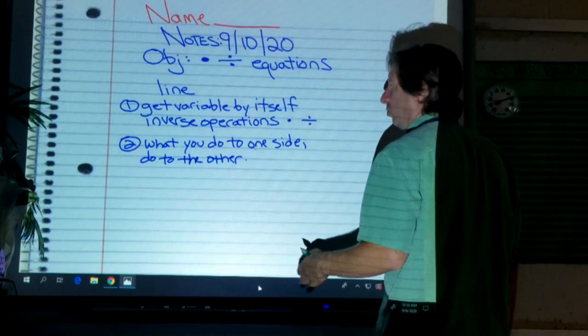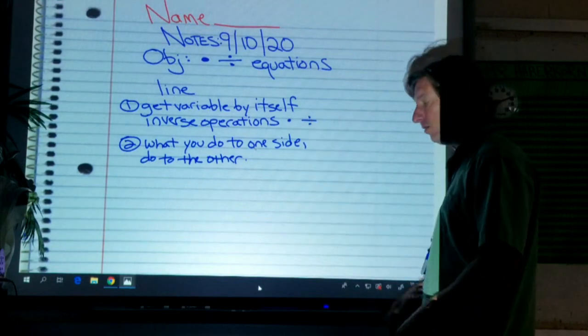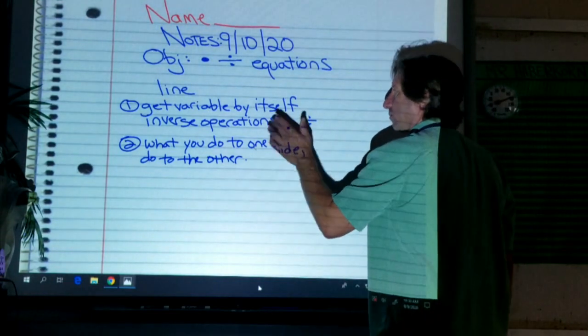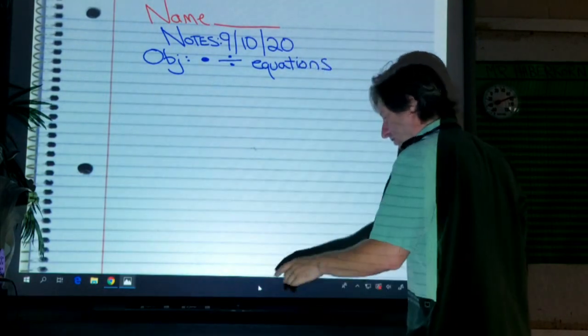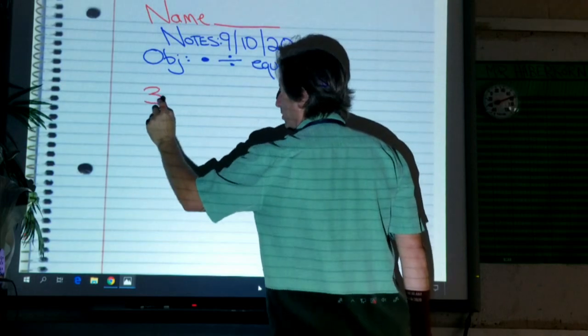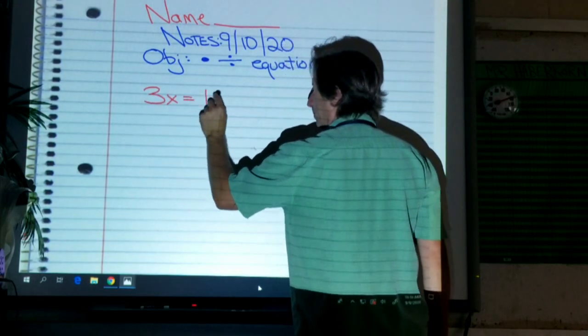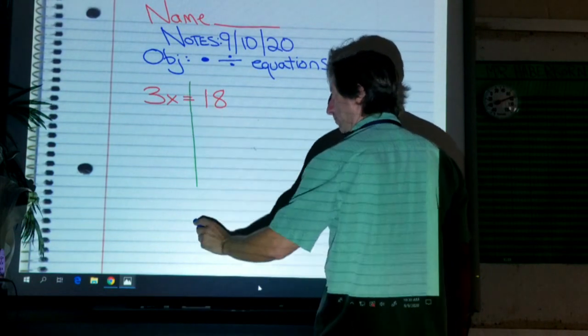All right, so let's take a look at some of these. You may have to hit pause, copy this all down, but I'm going to move fast so the video doesn't take forever. Go back if you need to. All right, so here's what a multiplication equation looks like. And just like I said before, we draw our line.